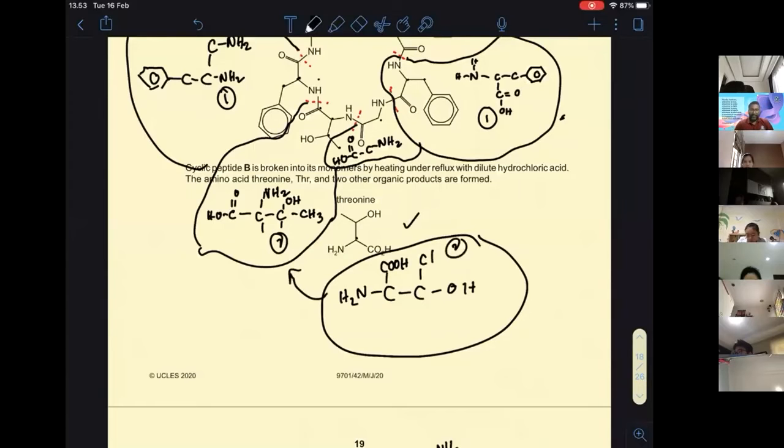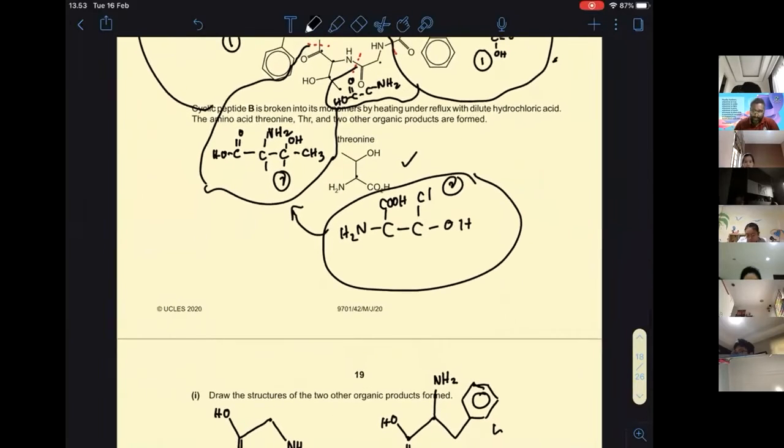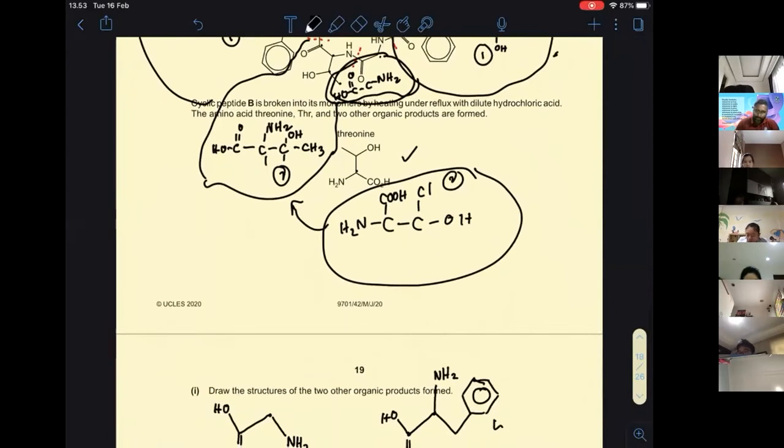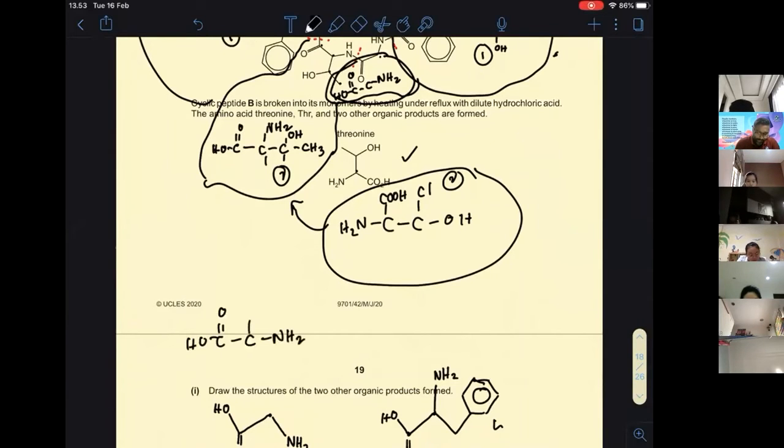Okay, so here what I need to write is C double bond O, OH, C, and then NH2. This is what I need to write.